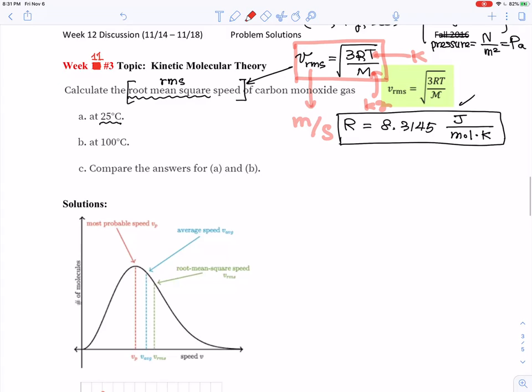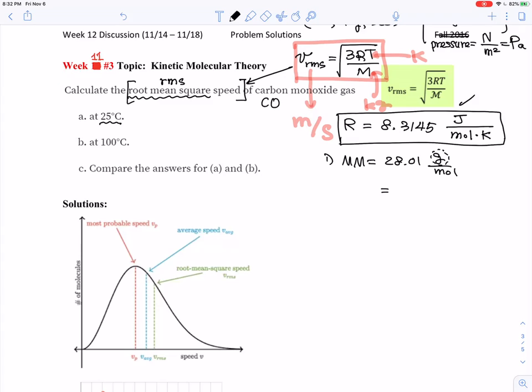Okay, so let's do it this way. First of all, for carbon monoxide, CO, the molar mass is 28.01 gram per mole. But I cannot use the gram.